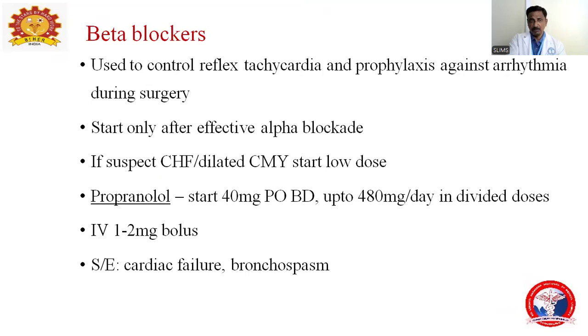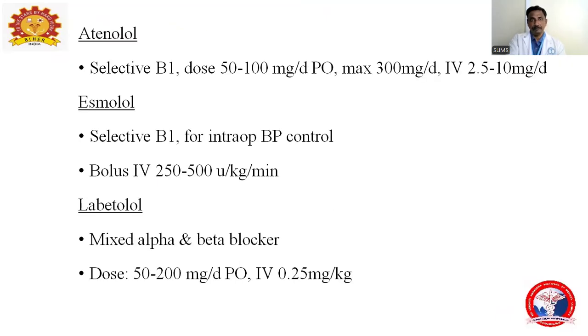Side effects of beta blockers include cardiac failure and bronchospasm. Atenolol is a selective beta-1 blocker. Dosing for atenolol is 50 to 100 milligram per day per oral, maximum up to 300 milligram per day. For IV, 2.5 to 10 milligram per day can be used.